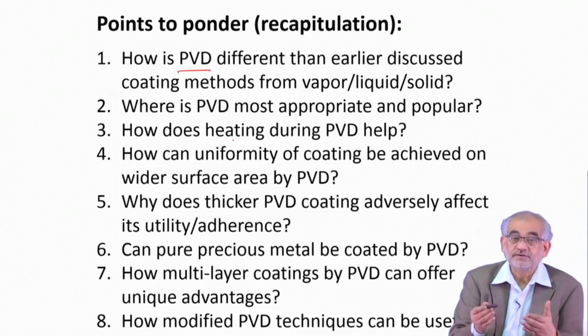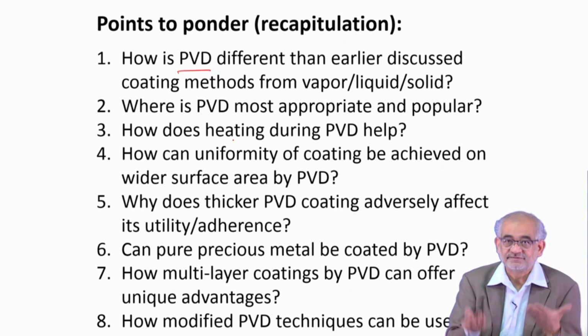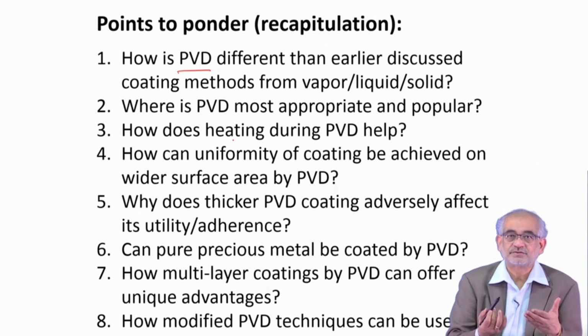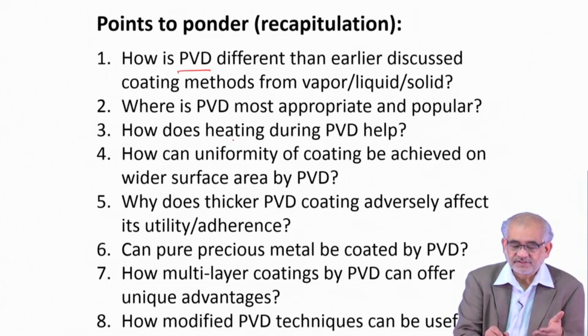If we have heating, we do need to evaporate, but that's a separate one. But if you also heat the substrate during deposition, then the interface that I was just talking about a few minutes ago, which is usually very sharp, may not be that sharp anymore. So there could be some amount of diffusion, and in the process there could be better bonding. So separate heating during the PVD process can be helpful.